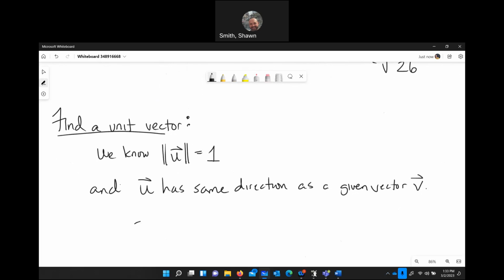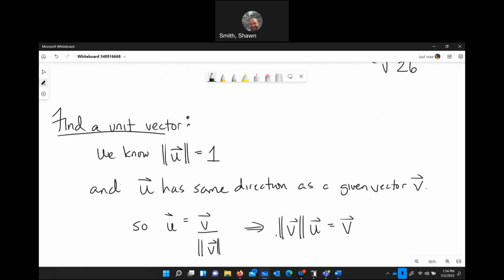So the unit vector is nothing more than a vector v divided by the magnitude of that vector v. Because look, if you multiply this, the vector v multiplied by the unit vector is equal to the vector v. That's what we just said.